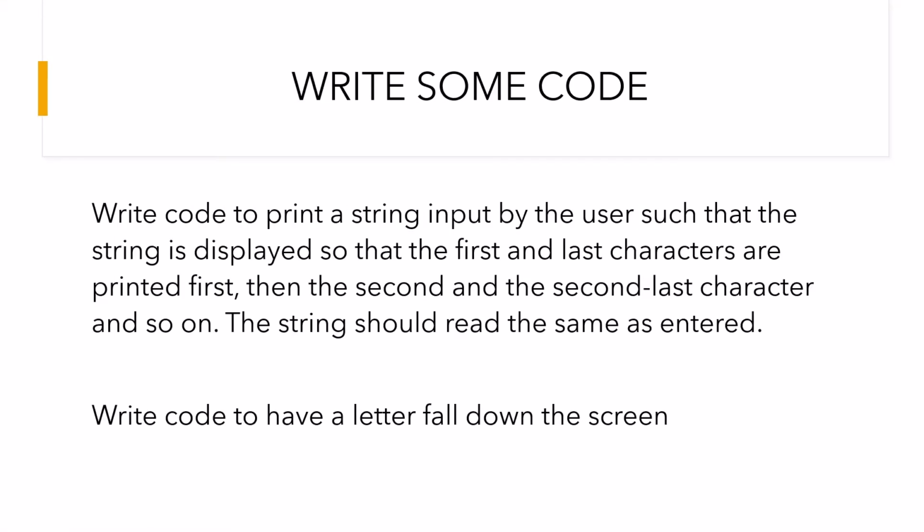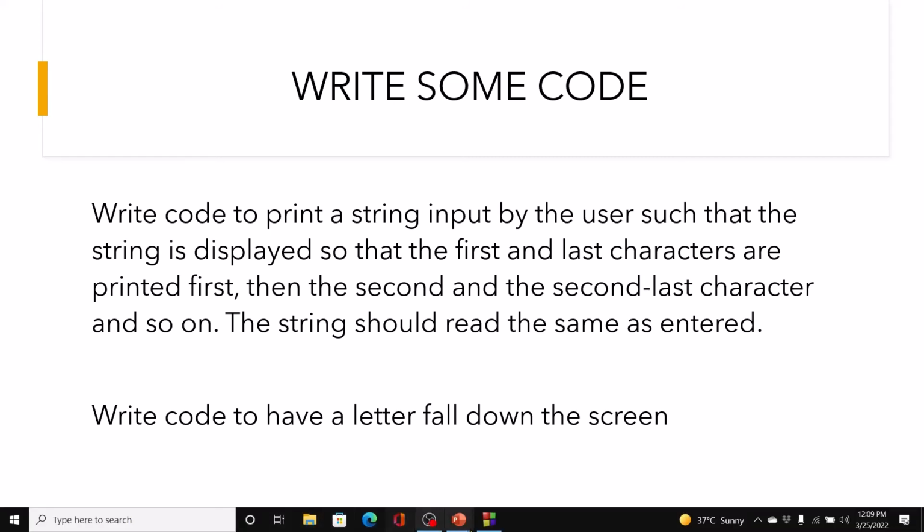Right, moving on now. Write code to print a string input by the user such that the string is displayed so that the first and last characters are printed first, then the second and second last character, and so on. The string should read the same as entered. So let's go now to code blocks and start a new file.